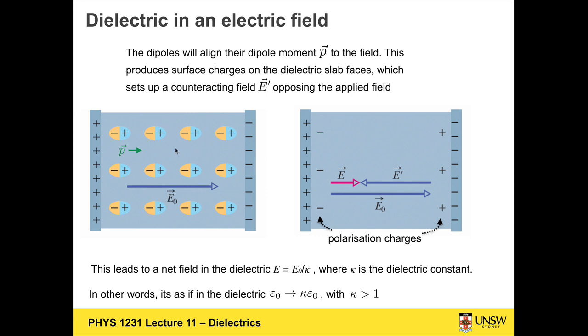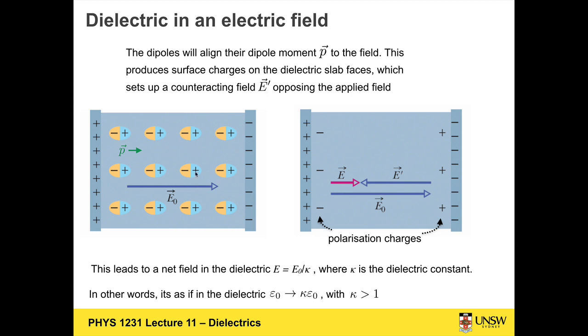Of course, with a dielectric, the dipoles align. So their dipole moment is parallel to the field, and remember that each dipole had this small p dipole moment. When you have very, very many of them aligning with the field, they create their own field over here, E prime, which is counter to the field E0 that would be there if there were no dielectric.